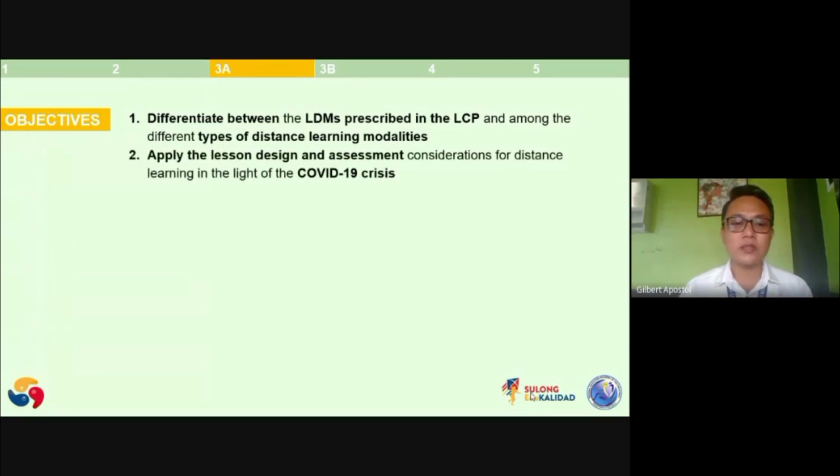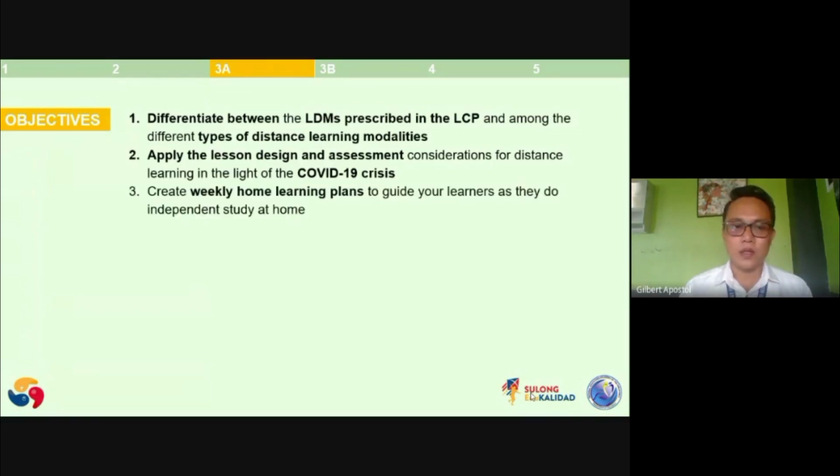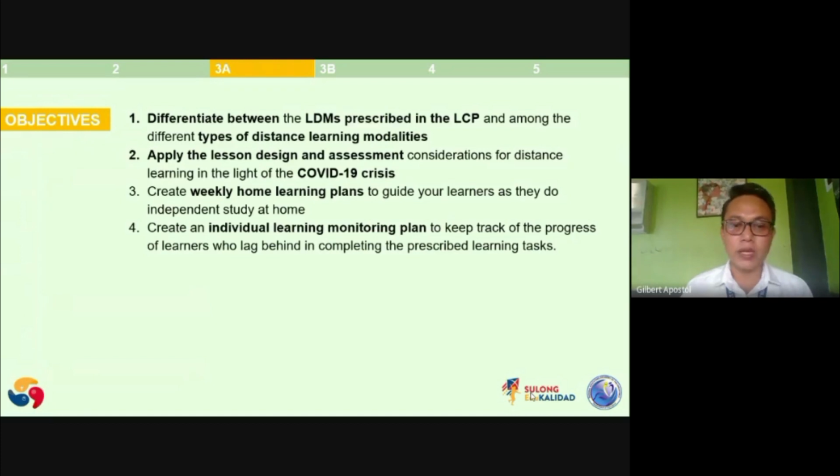Second is to apply the lesson designs and assessment considerations for distance learning in the light of the COVID-19 crisis. Third is to create weekly home learning plans to guide your learners as they do independent study at home. And fourth is to create an individual learning monitoring plan to keep track of the progress of learners who lag behind in completing the prescribed learning task.